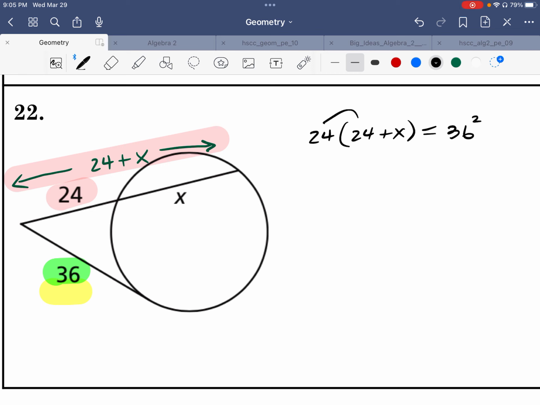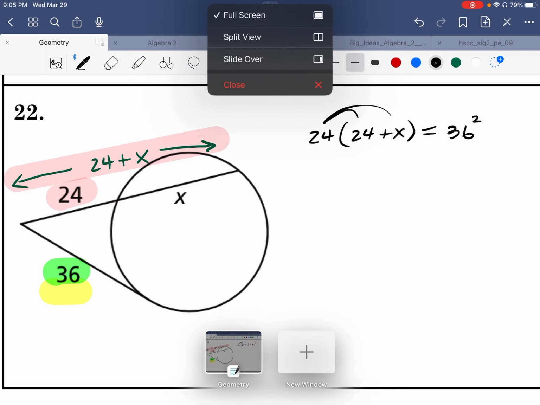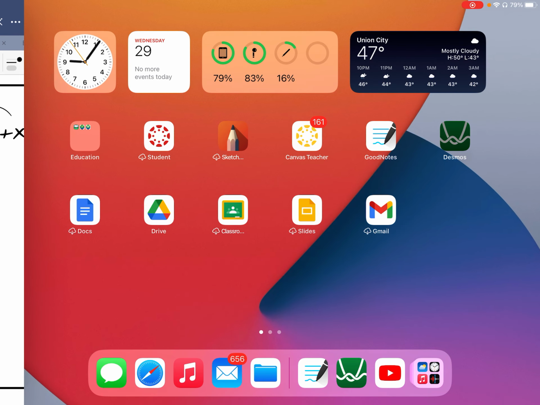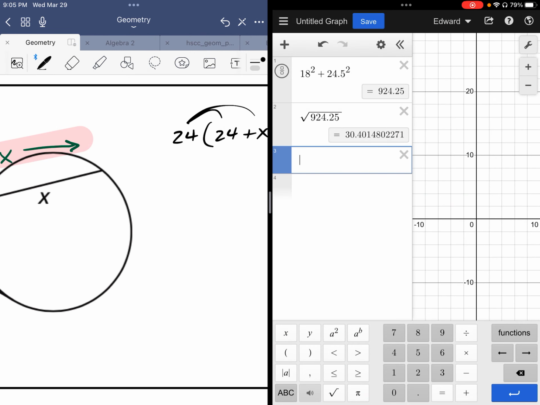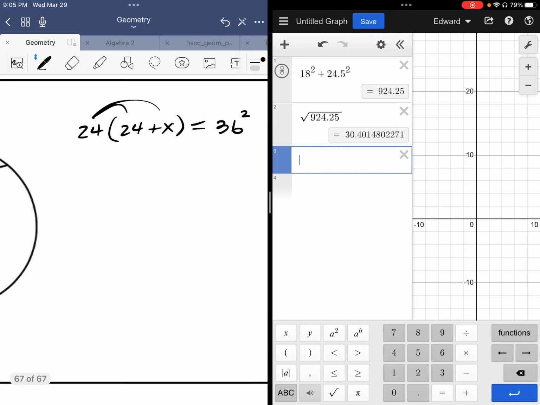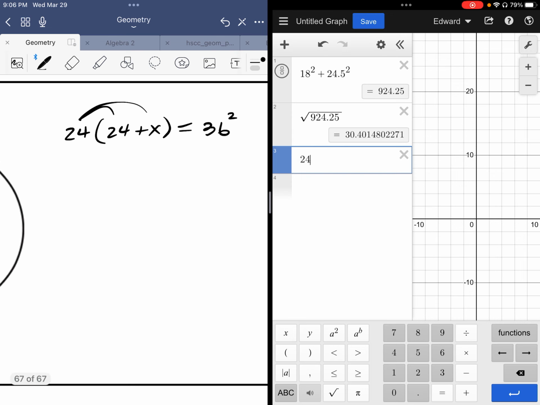So now we're going to distribute 24 times 24 and 24 times x. Ooh, I am not prepared. I think it's like 576, but don't quote me on it. So let's split view this. Let's get some Desmos going, and we'll type it in. So we'll go 24 squared, 24 to the power of 2. Hey, there we go, 576.